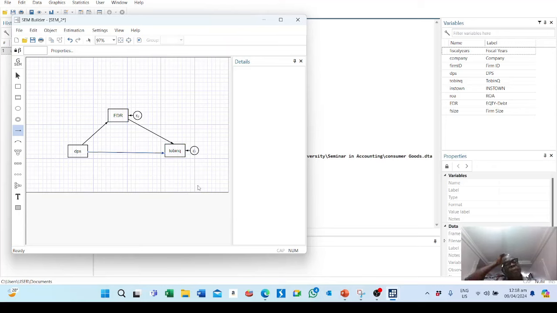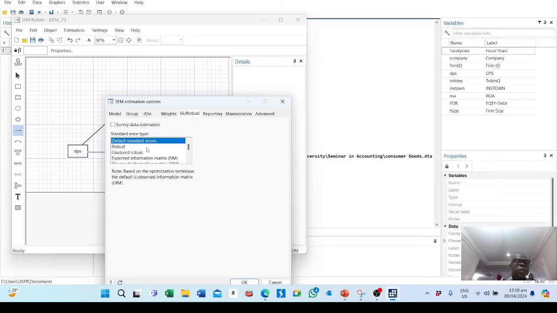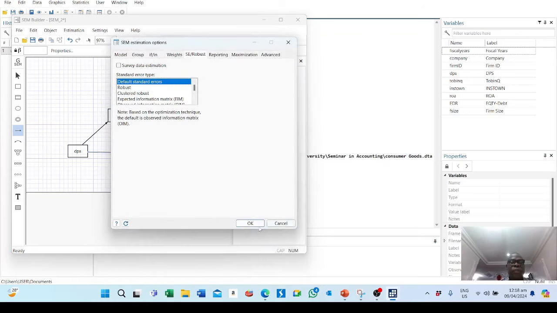Now that we have drawn the path diagram, we can then estimate by clicking on estimate. Now we'll go with the default maximum likelihood, and let's use the default standard error for this regression.